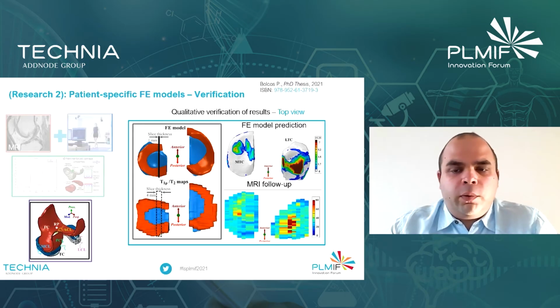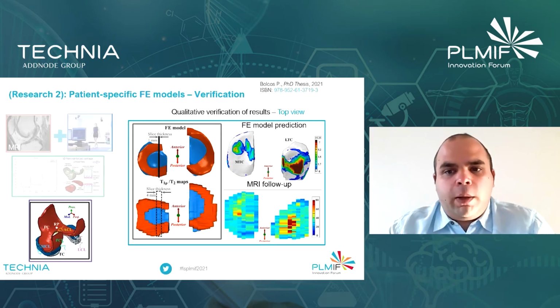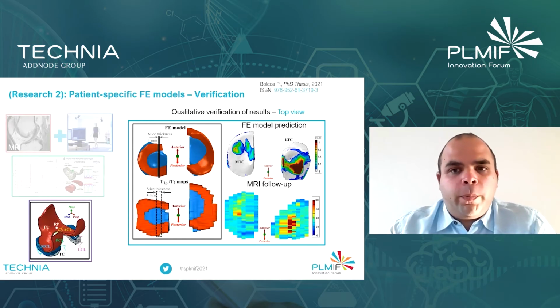So here we have on the top hand side the finite element model that predicts something happening on the right hand side of the cartilage, and then from the MRI follow-up you can see that the same area is degenerated.